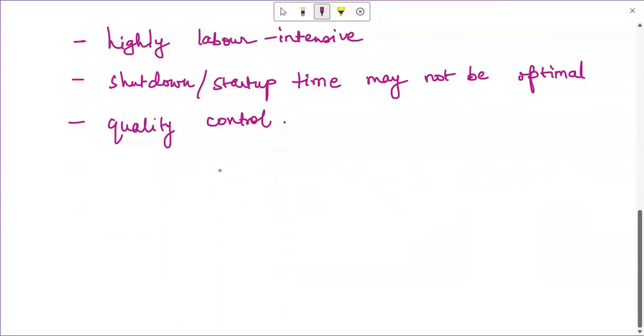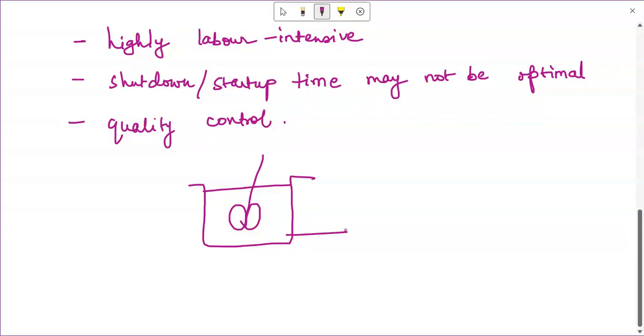Let's say you have a batch reactor, and you have already put some fluid in it, and it is giving a particular product. Let's say I want this product to be 90% pure. Some user criteria is required. So I want it to be 90% pure or 90% selective, right?